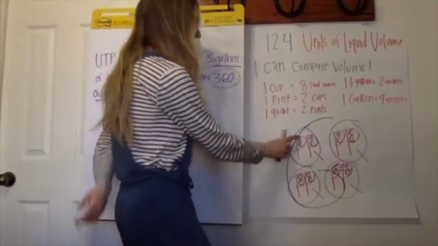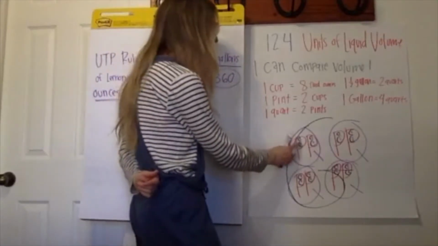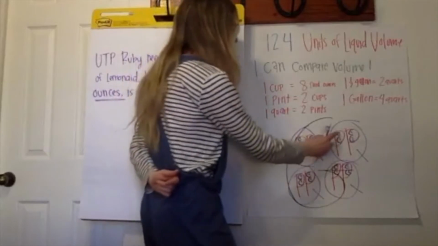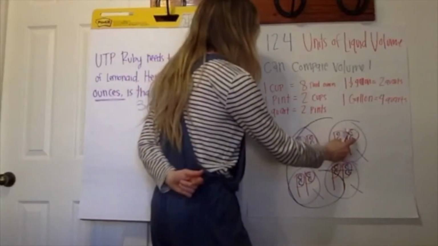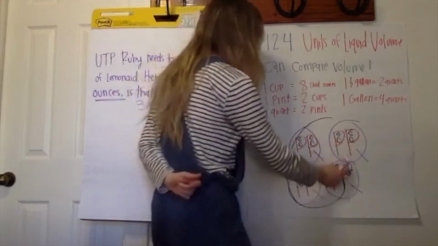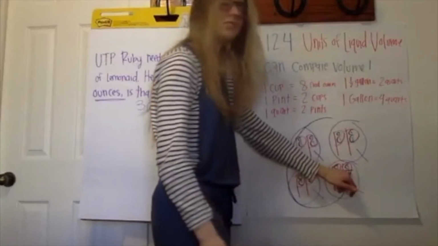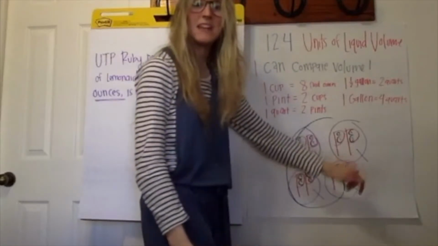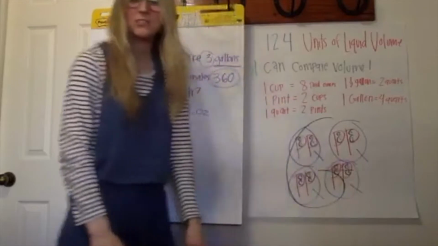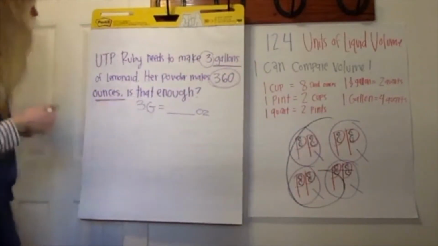So let's count how many 8s we have. 1, 2, 3, 4, 5, 6, 7, 8, 9, 10, 11, 12, 13, 14, 15, 16. So we'd have to do 16 times 8 to figure out how many fluid ounces are in just 1 gallon.